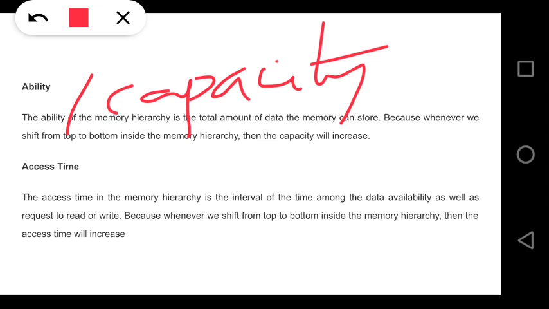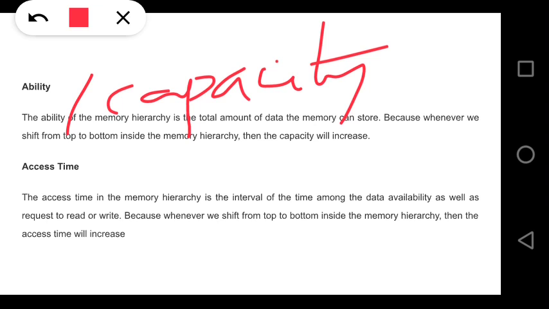Then what is the definition of access time in general? This definition is applicable to all the different levels of memories in the memory hierarchy.